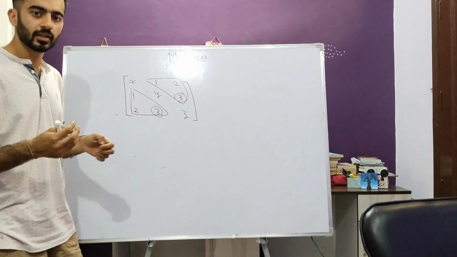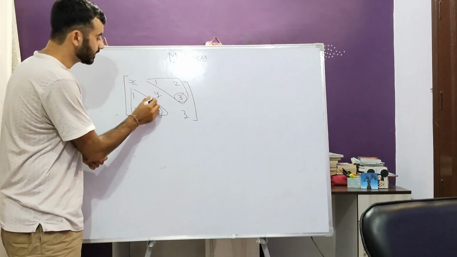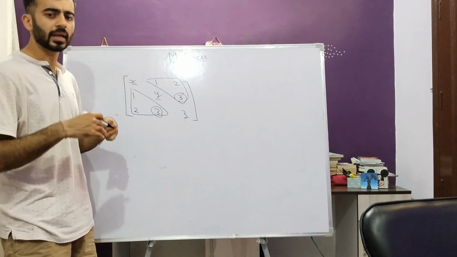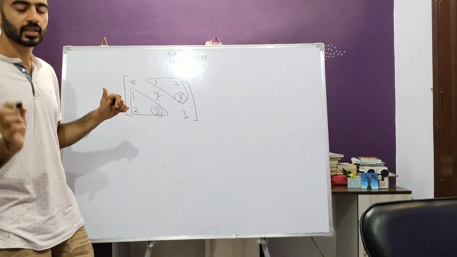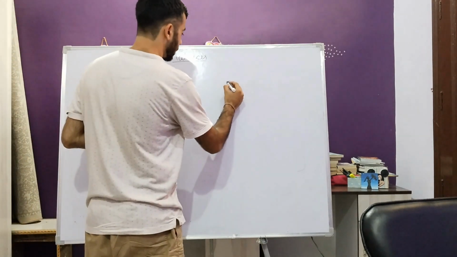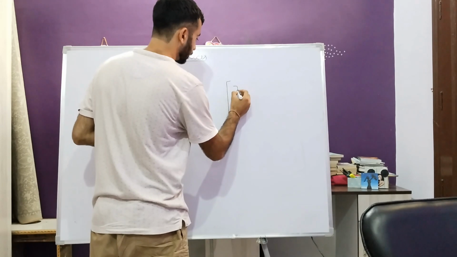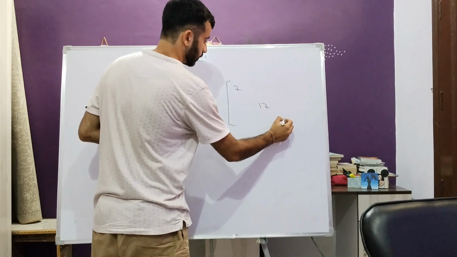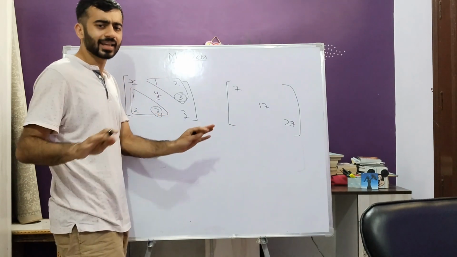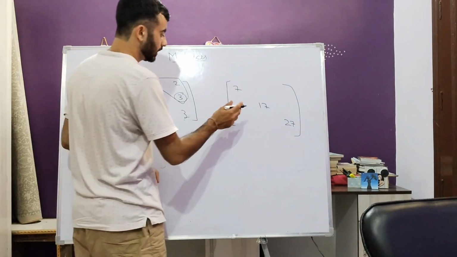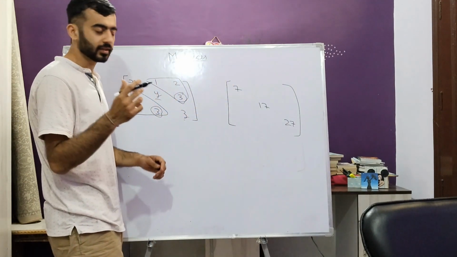If they are the same and the diagonal elements are non-zero, no matter what they are, then it is called a symmetric matrix. Let me give you an example. No matter what the diagonal elements are, the non-diagonal elements should be symmetric.